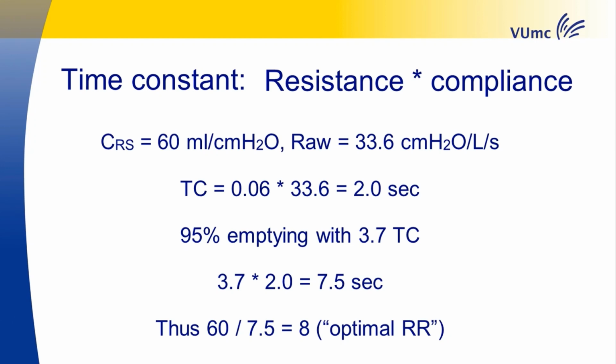There was a question in the back. Yes, please. 7.5 seconds is only for expiration. That's right, that's for expiration. Where is the time for inspiration? Very short. Keep the inspiration short. You can have in these patients an inspiratory to expiratory time ratio that will be discussed tomorrow. But it can be like 1 to 5, right?